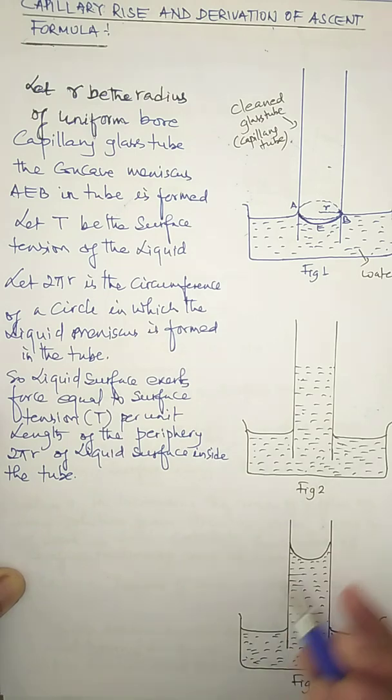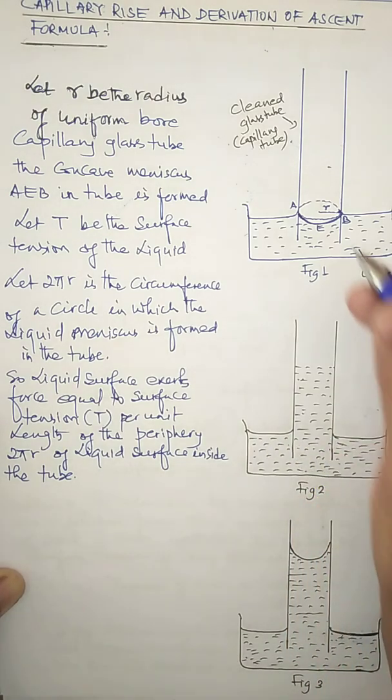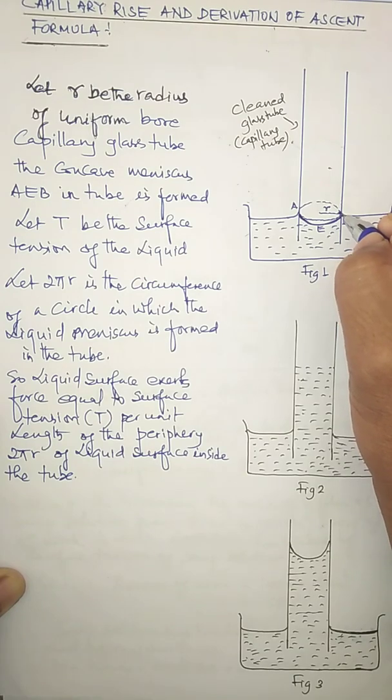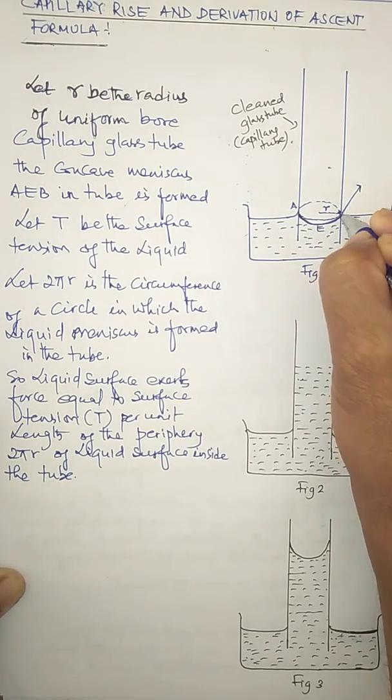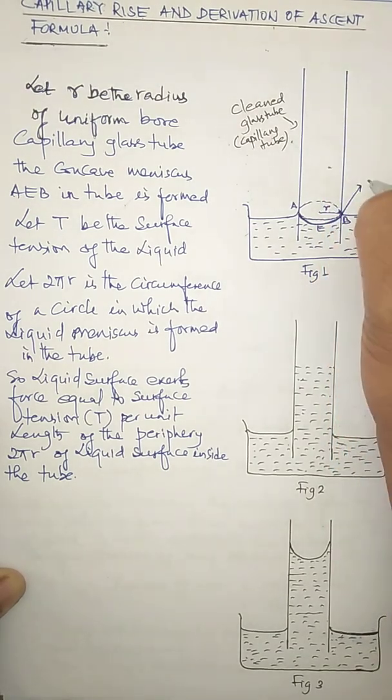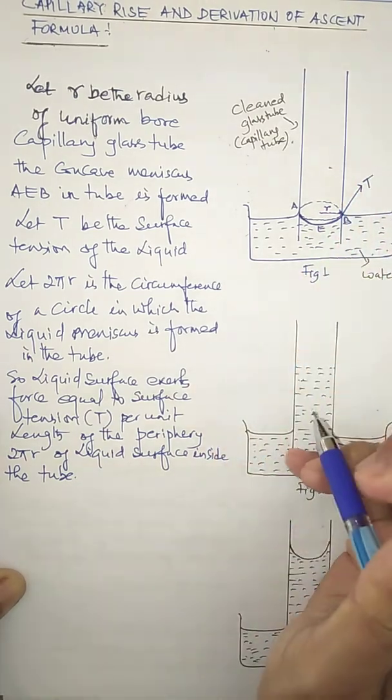And this force is always directed in such a way that the force exerted on the liquid is in this direction, and the direction of surface tension acts in this direction. At this liquid which is in contact with the surface, the surface tension direction is given by T, and this is the direction of surface tension.